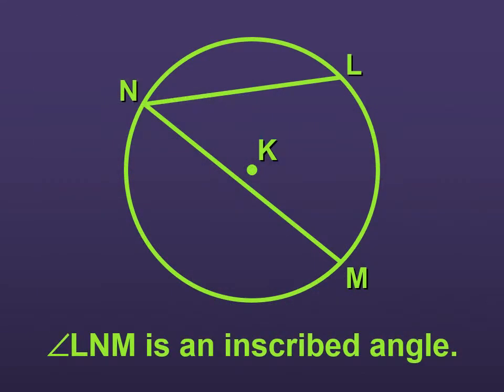So here we have angle LNM. You notice that the vertex is point M, and that point is actually on the circle, making it an inscribed angle.